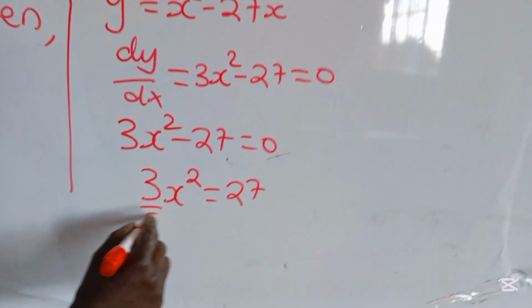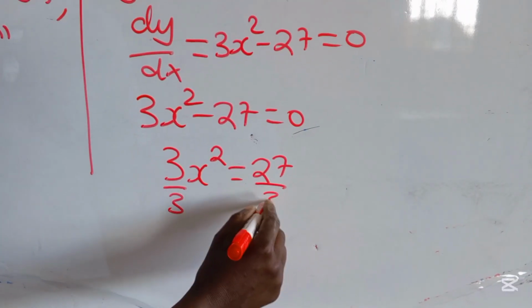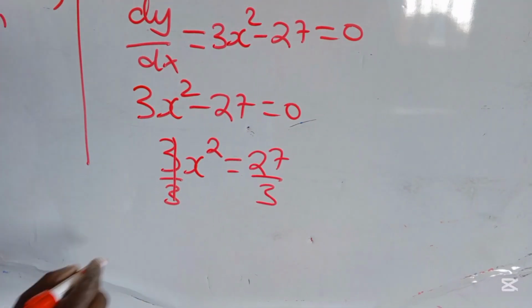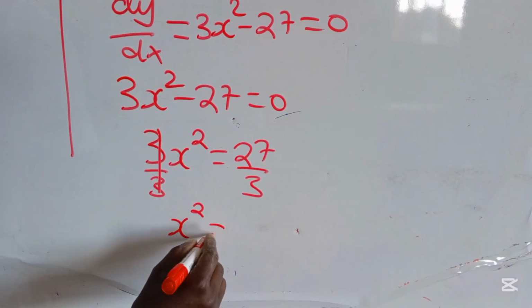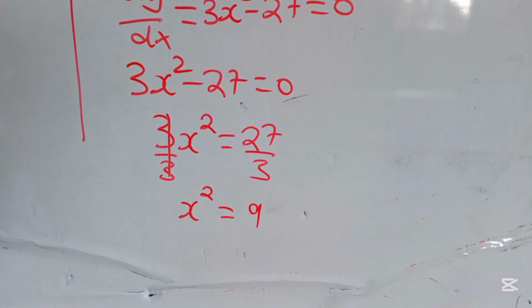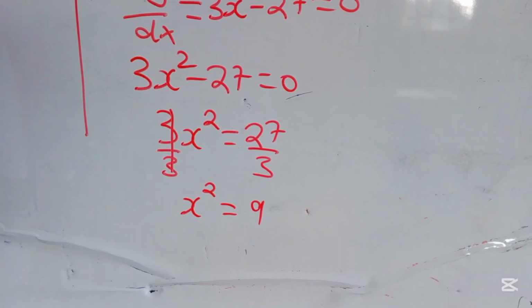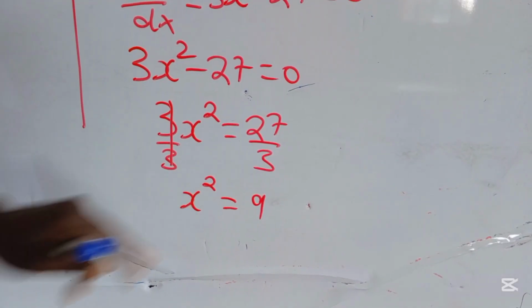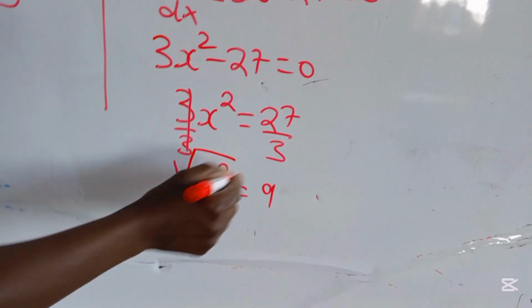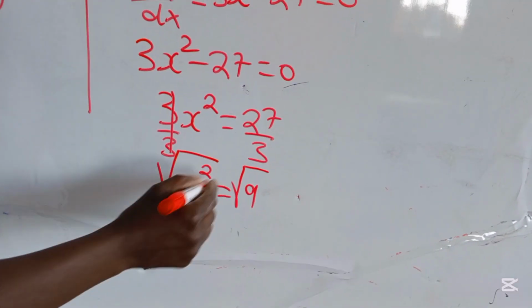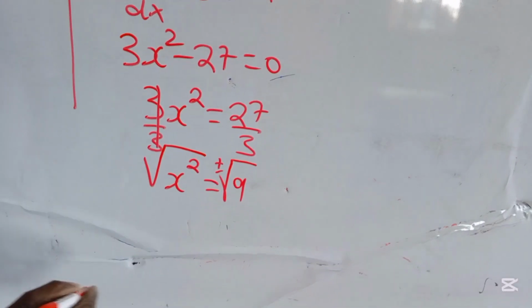Both sides divided by 3, I'll remain with x squared equals 9. Always such a question has two solutions, so I introduce the square root, which is positive or negative.